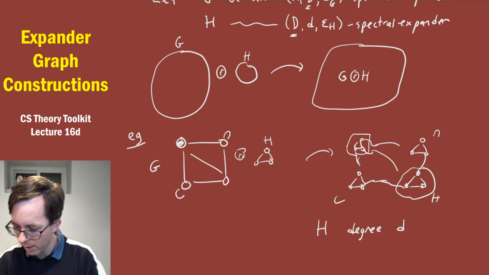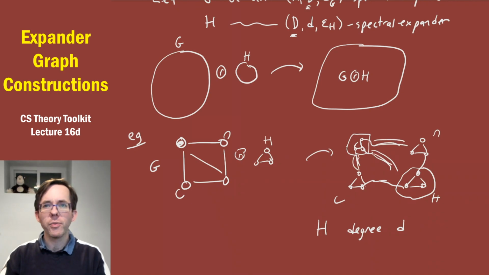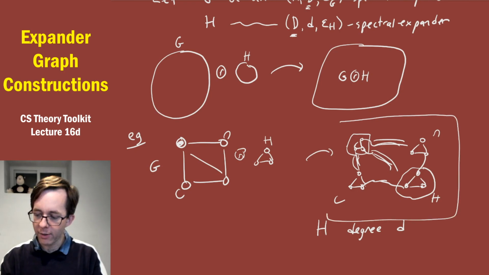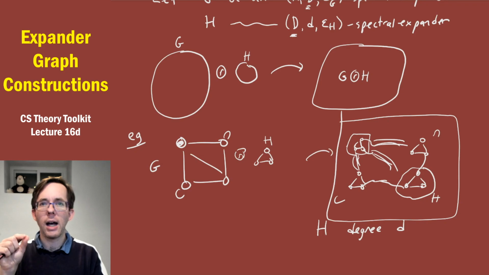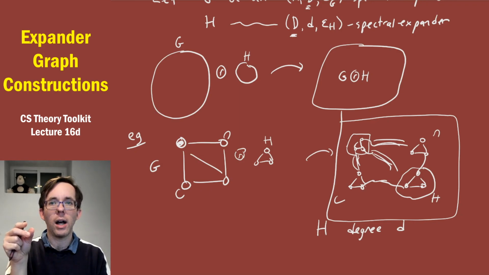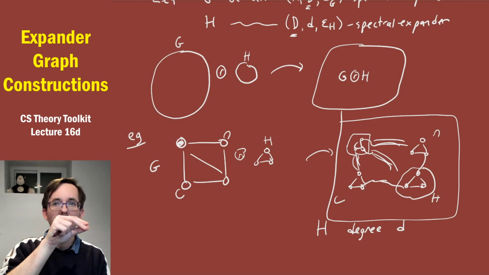So you make 3 copies of each of these edges. The reason is that when you take a random walk in this big graph, every vertex has little d internal edges and little d external crossing edges. So at every step you have a half chance of doing an internal step and a half chance of doing an external step.